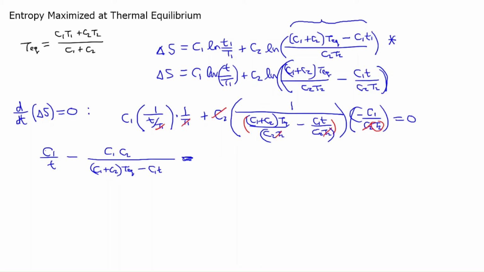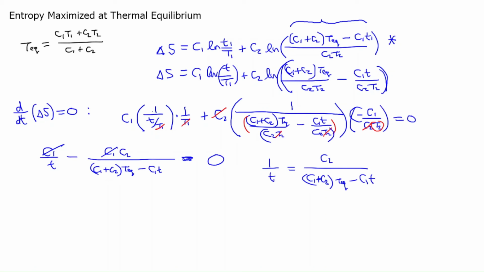Now I can factor out a C1. Let me put the other grouping on the right-hand side where it becomes positive. So I have C1 plus C2 times the equilibrium minus C1 T over T. I'm sorry, the numerator over here should be capital C2.